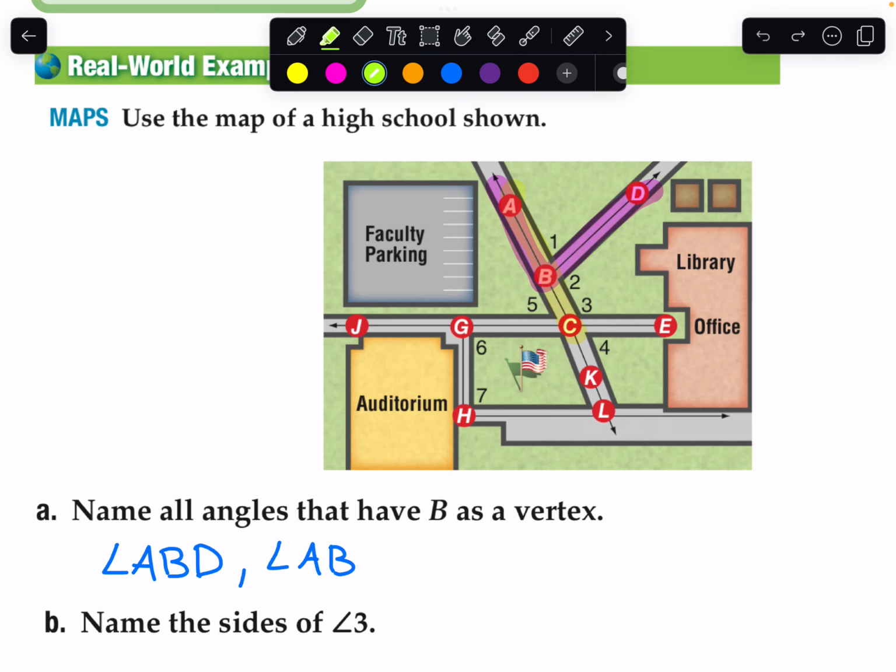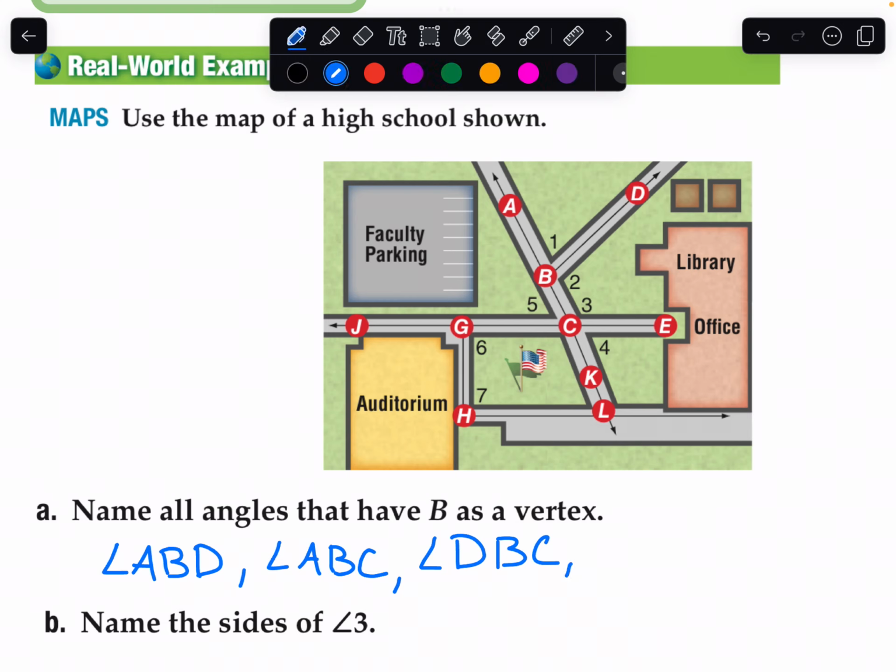Not sure if the green showed up there very well. There we go. Angle DBC. And any others? We could go with the other side of the road, but no, that's not B as the vertex. I think that's it.